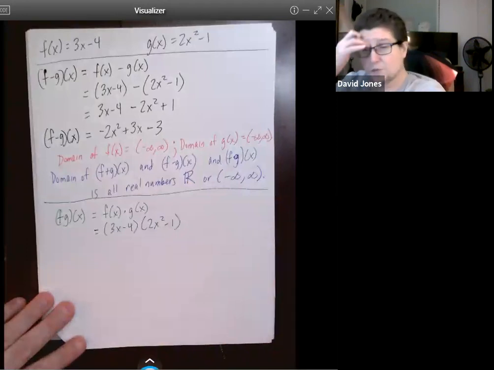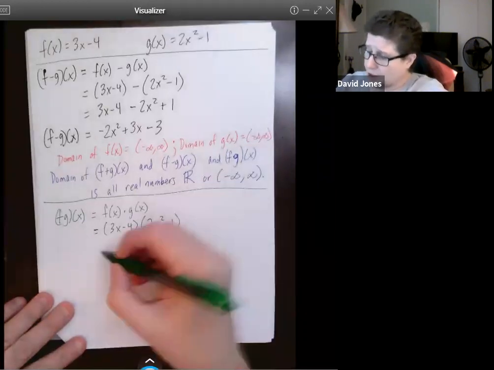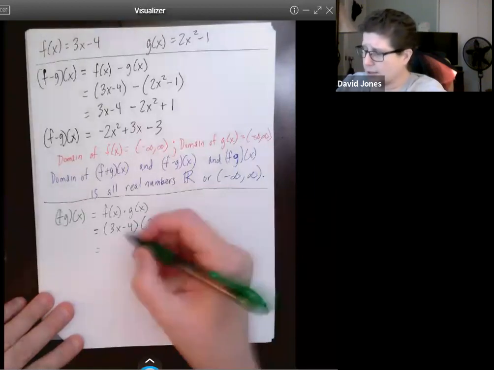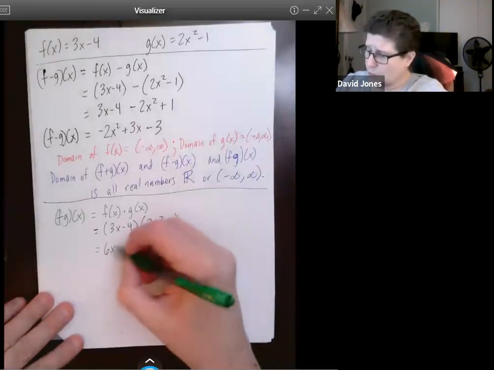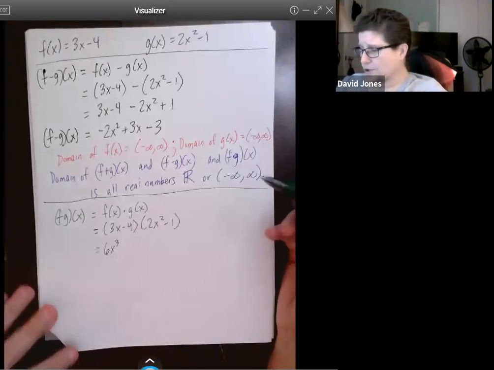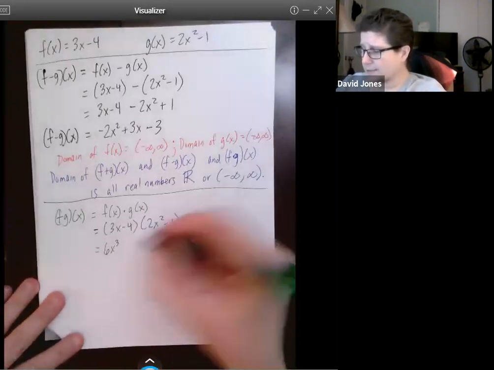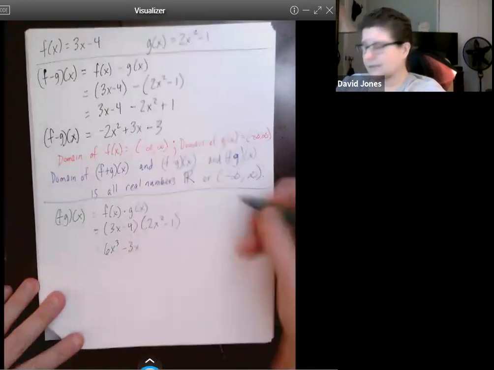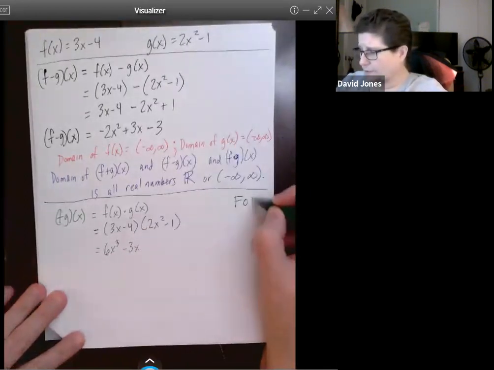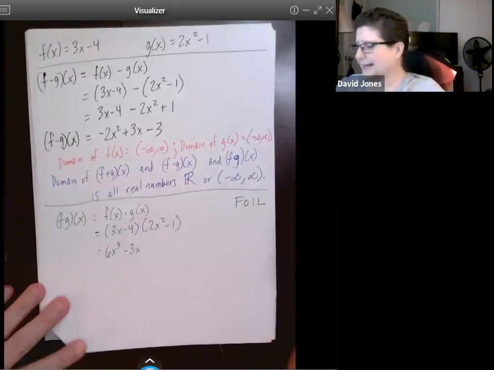And now we've just got two parentheses multiplied together. We just distribute, or FOIL. We start off with the first terms multiplied together. 3x times 2x squared is 6x cubed. Then we do outside. 3x times negative 1 is negative 3x. So I'm going through FOIL. First, outside, inside, last.